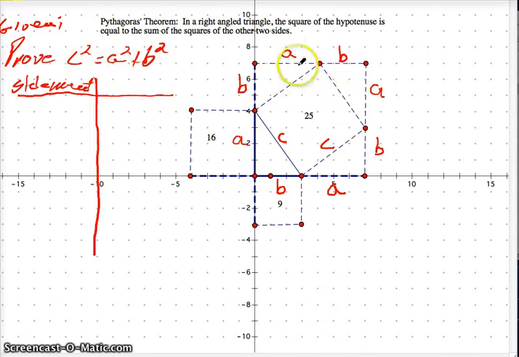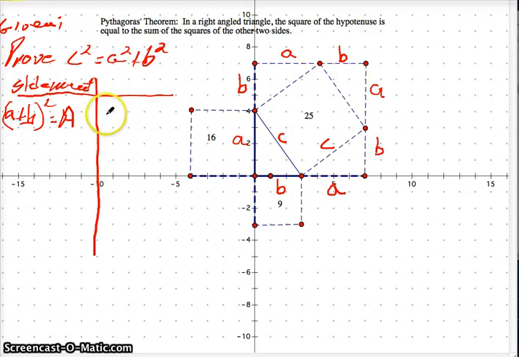First, I know that A plus B squared is equal to the area of the entire square. How do I know that?